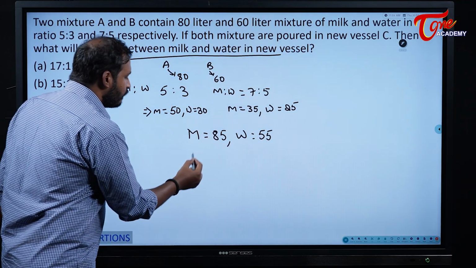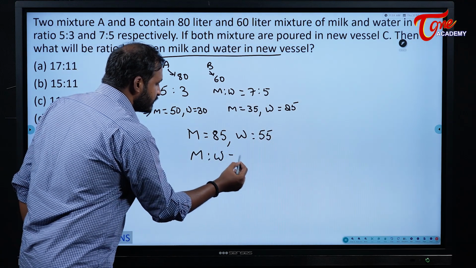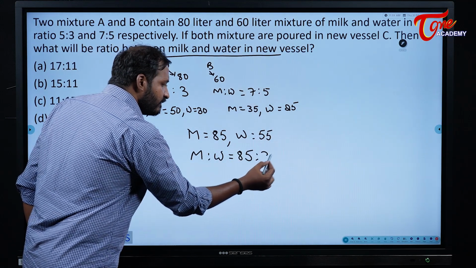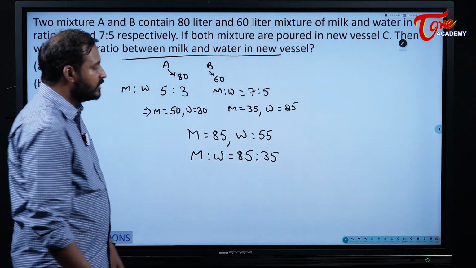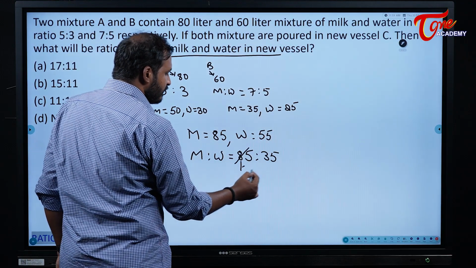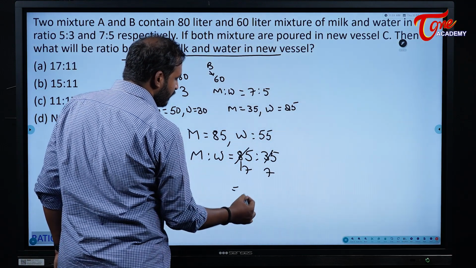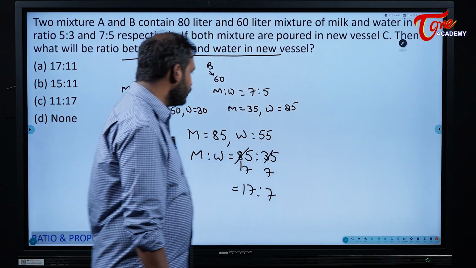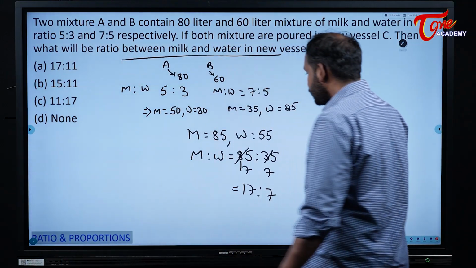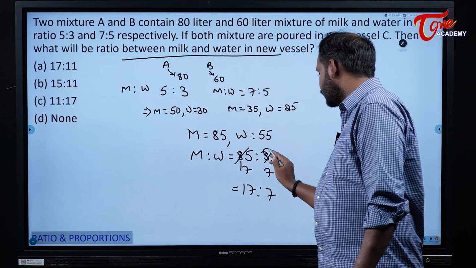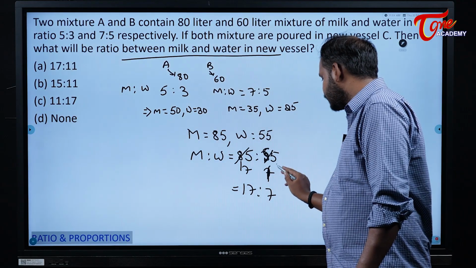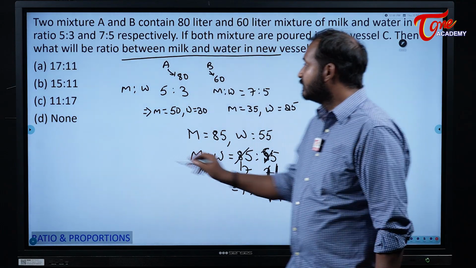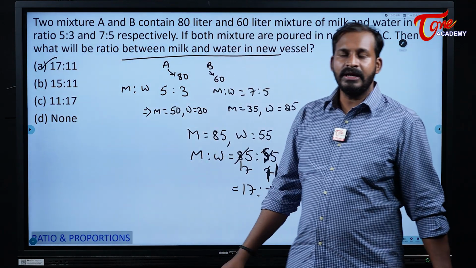So now milk is to water, what does it become? 85:55. So the ratio will become 17:11. 17:11 will become my new ratio here.